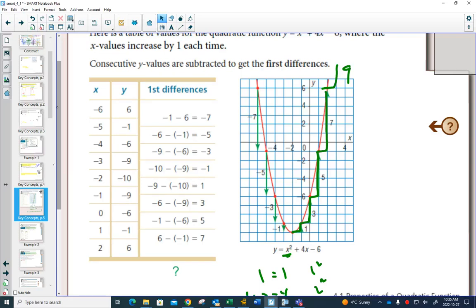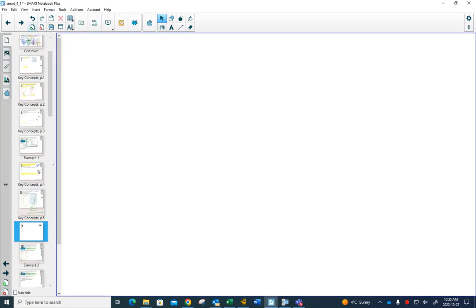helpful because sometimes I might give you something like this. I might say, here's a parabola. It is x squared plus 4x plus 5.